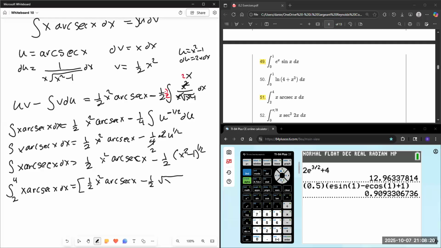The integral of x arc secant of x dx is equal to 1/2 x squared arc secant of x minus 1/2 square root of x squared minus 1, evaluated from 2 to 4.